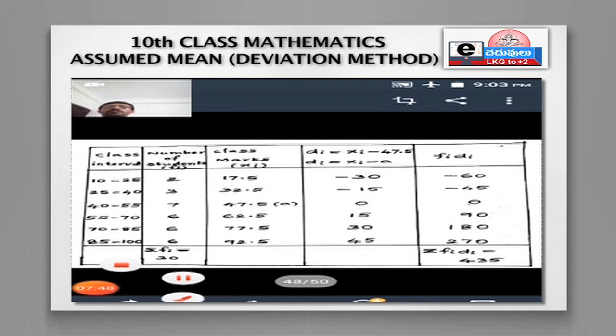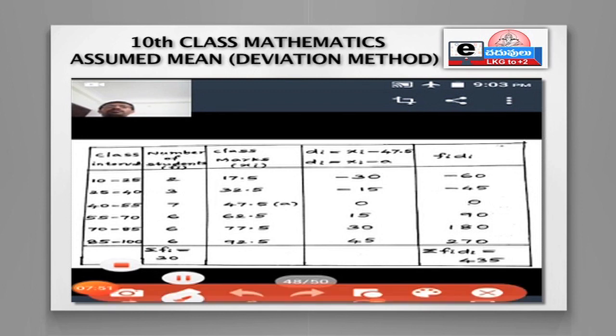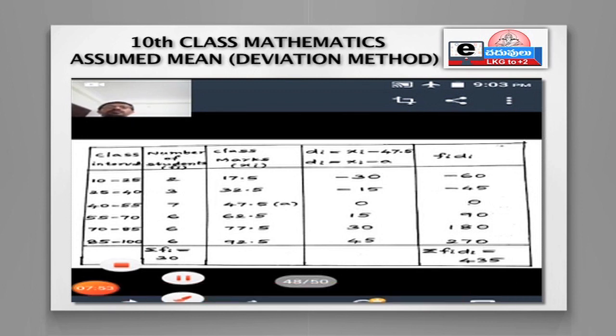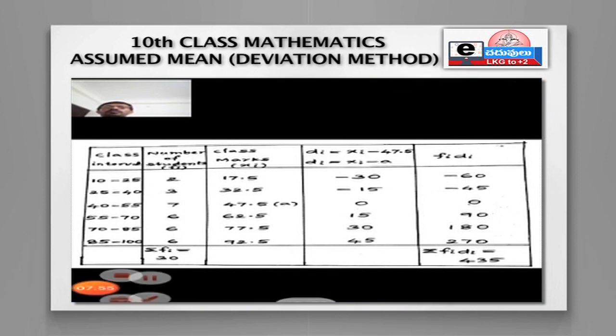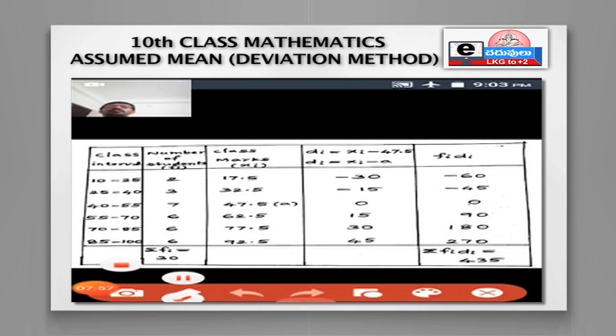Now this is the table. This table contains 5 columns. First column is class interval. Second column is number of students, that is fi. Third column is class marks, that is xi.